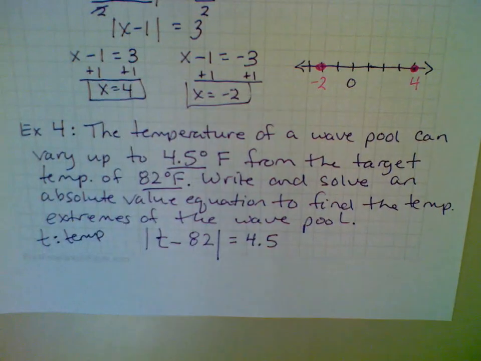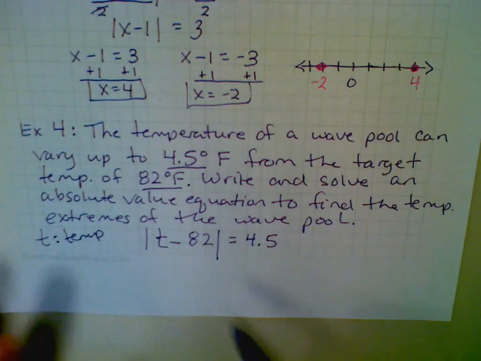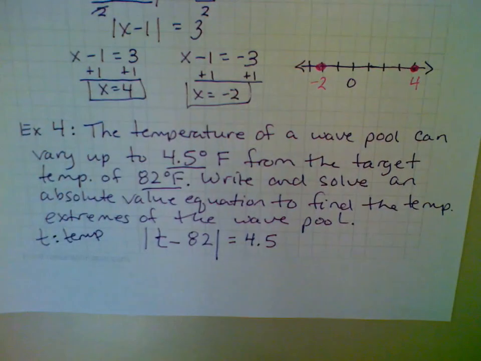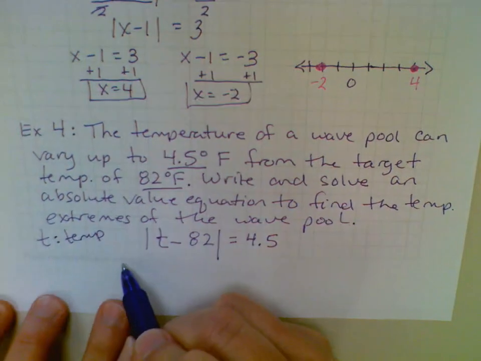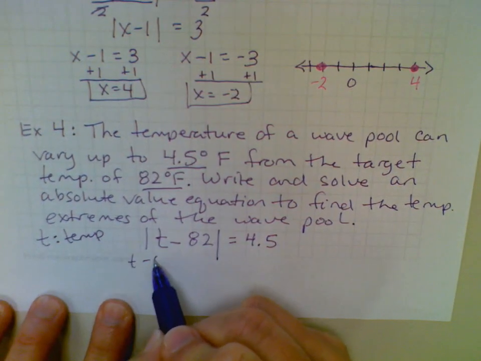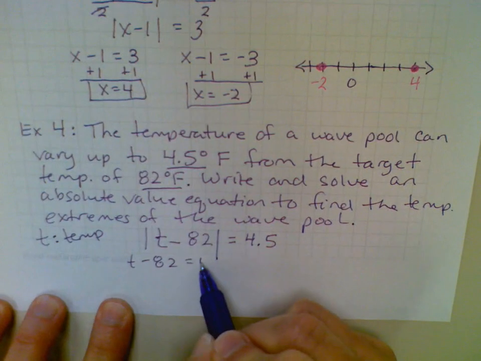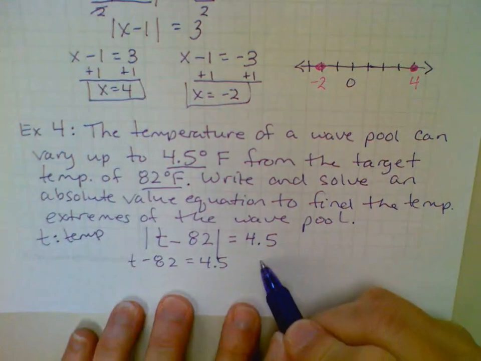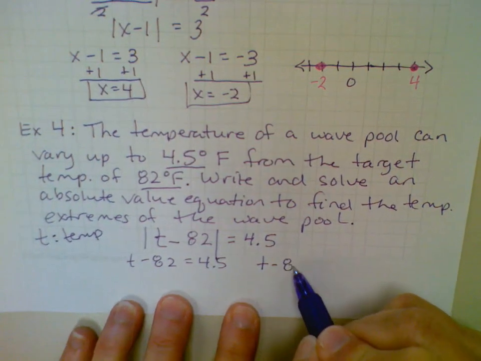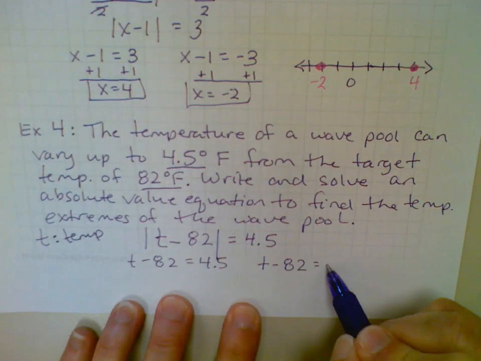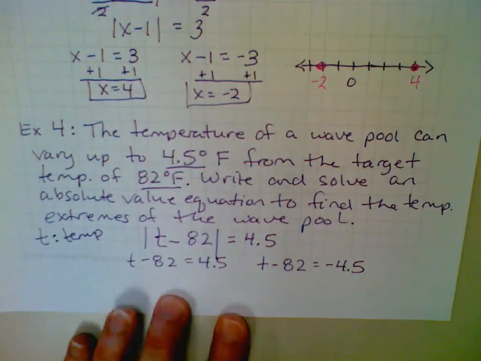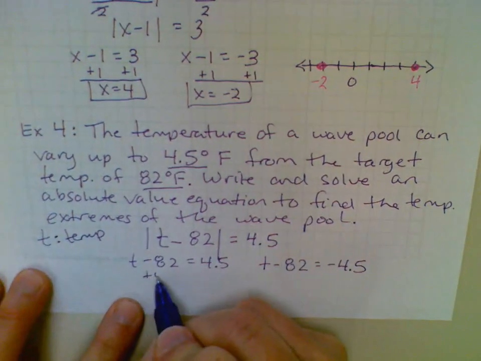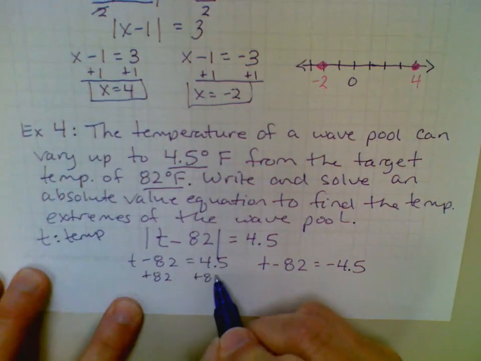So it looks like that. Now that one's already isolated. There's nothing outside the bars on the left side. So I'm just going to set up my 2 equations. So T minus 82 equals 4.5, and T minus 82 equals negative 4.5. And then add 82 all the way across.